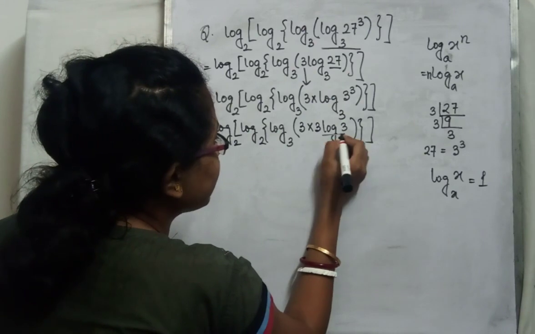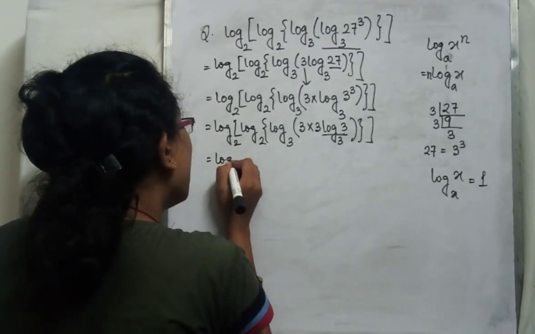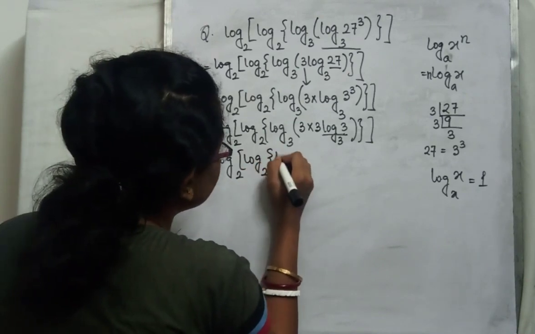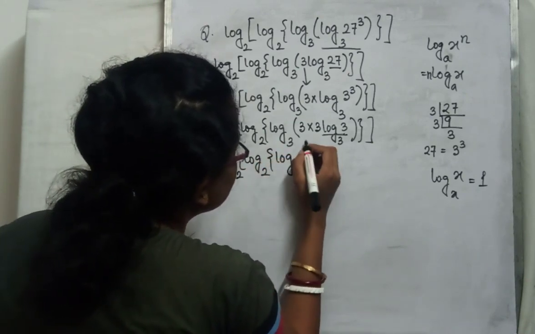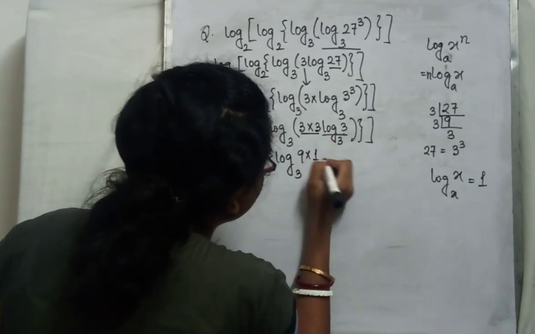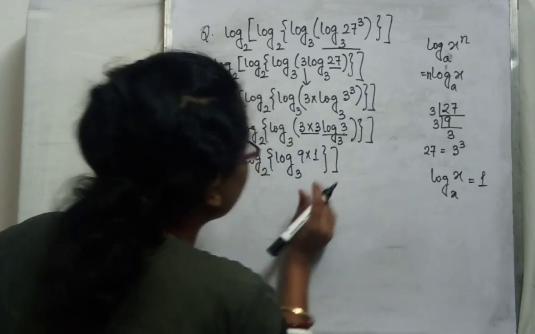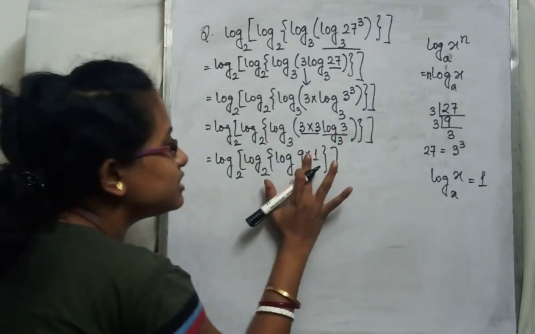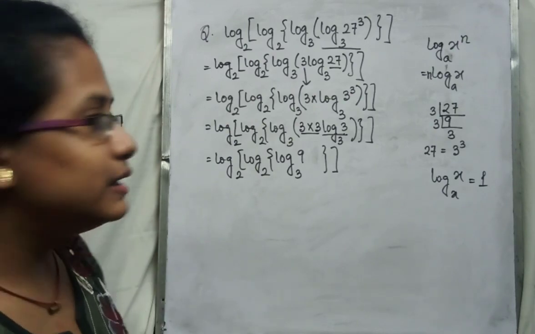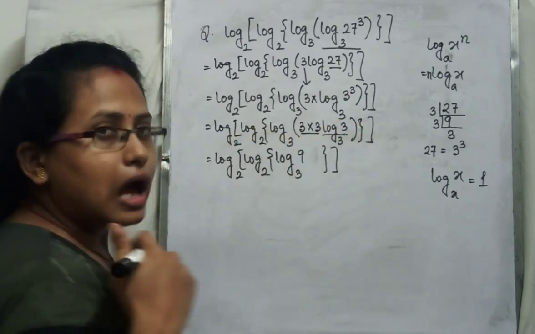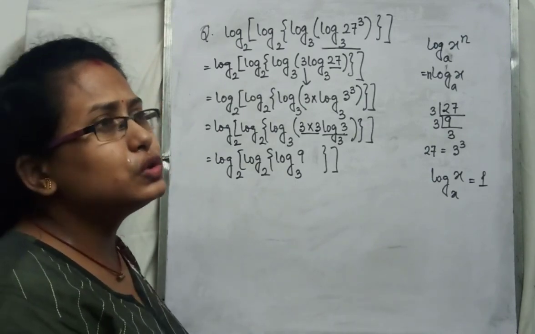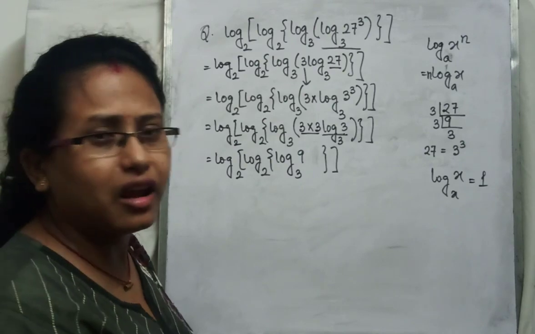So this gives us 9 and this gives us 1. I'm not writing 1 here, I'm just showing you into 1 and then just cut it, because log 9 into 1 gives us log 9. I'm suggesting you don't use this line because it's not useful to add an extra line here.